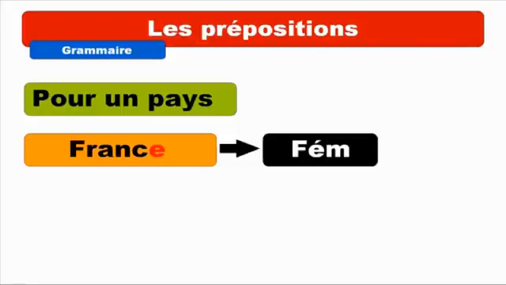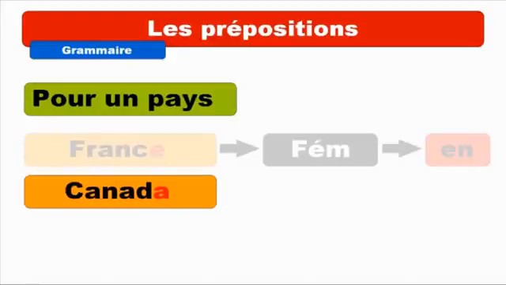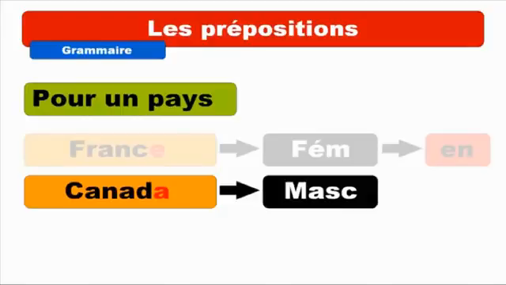The preposition you will have to use with this country will be en. Repeat, en. After that, let's take an example with Canada. It's not ending with an e like France, so this country is masculine, and the preposition you will have to use is au.